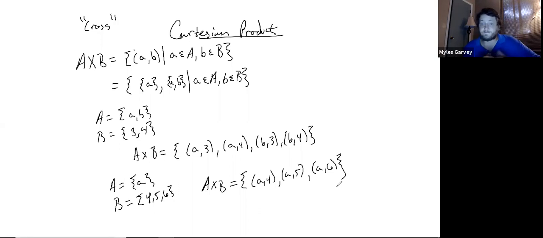And there you have it. That's what we call the cross or Cartesian product. And from the cross and Cartesian product, we can define something called functions and relations, two concepts which we will discuss in our next video.